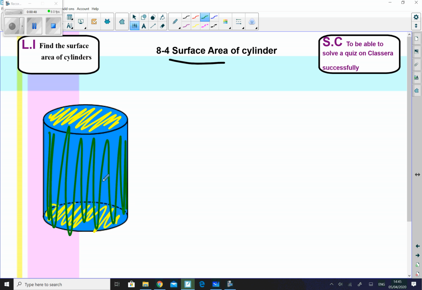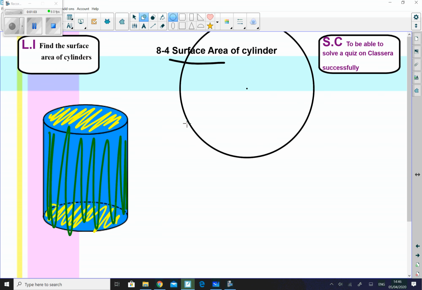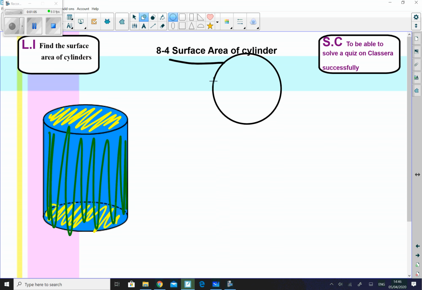So let's make the net of this cylinder, the shape of this cylinder when we make it 2D. These two bases are going to be two circles like this. That's the first one, and the second circle is this one.